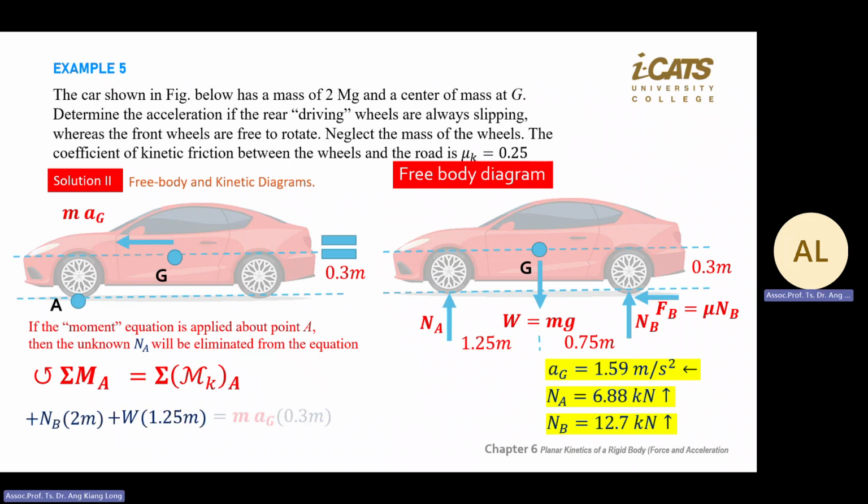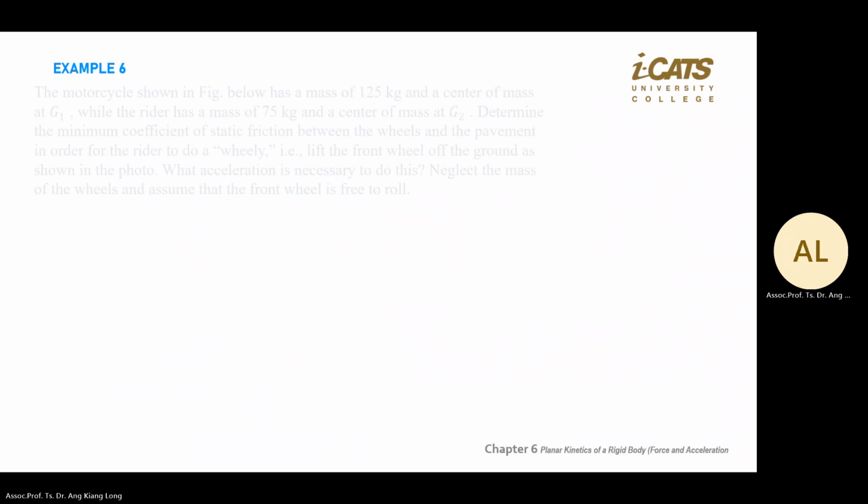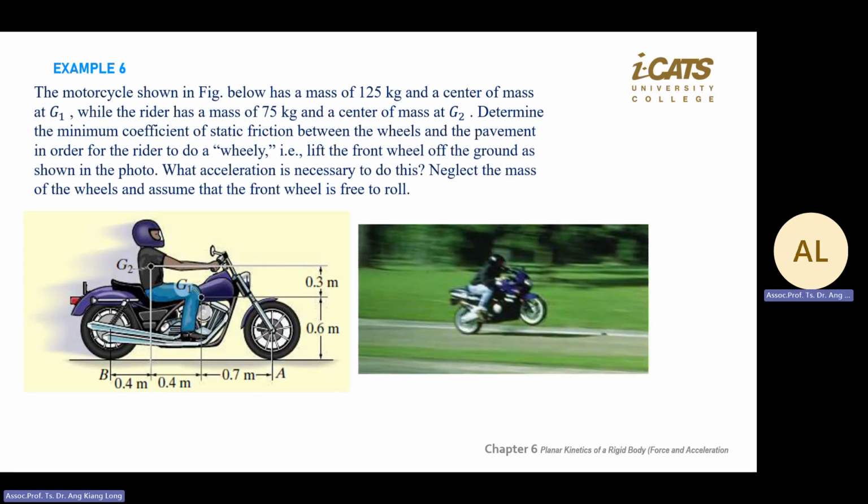So I will discuss a little bit on the second tutorial question, which is this one. If you are given a scenario where you have a motorcycle and the rider does a wheelie, which is the front wheel lifting off, just look at the question diagram.